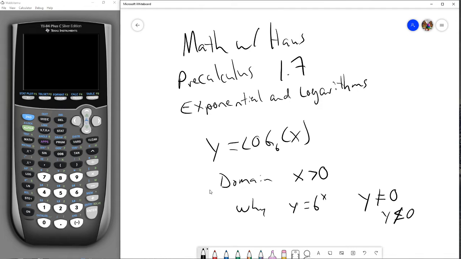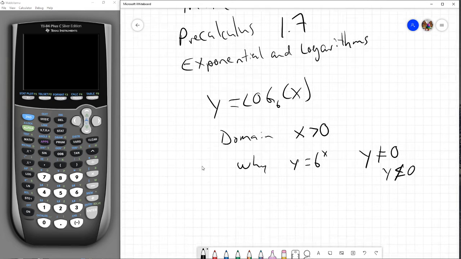So, it doesn't matter what you plug in for x, positive, negative, 0, you cannot get y, the output, to be 0 or negative. And so this here will become a domain restriction for our logarithm.